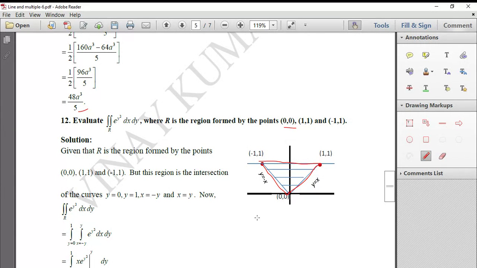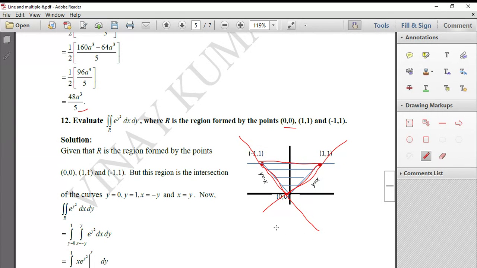You'll get it like this. But we know that this is in fact the one which is satisfying the condition y is equal to x. All the points on this satisfy the condition y is equal to x. And on this, all the points satisfy the condition y is equal to minus x. Right?